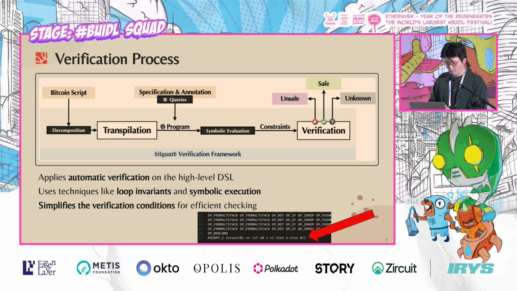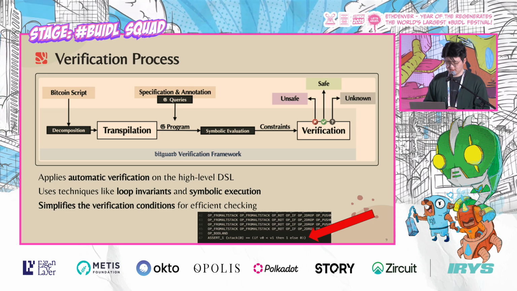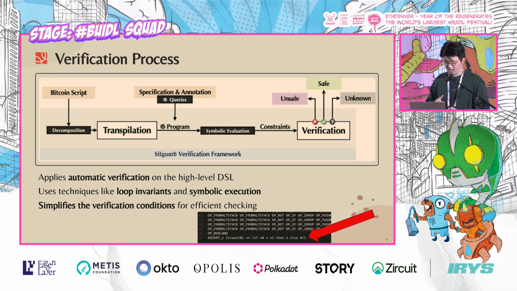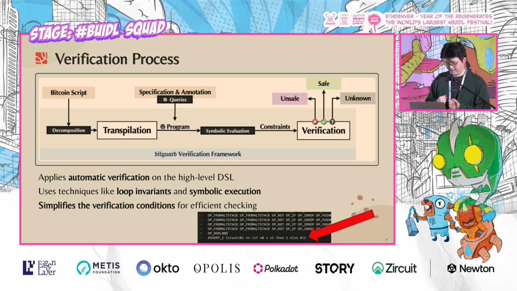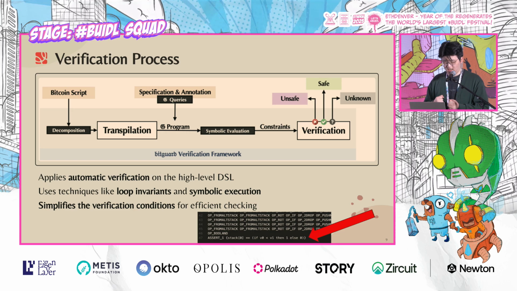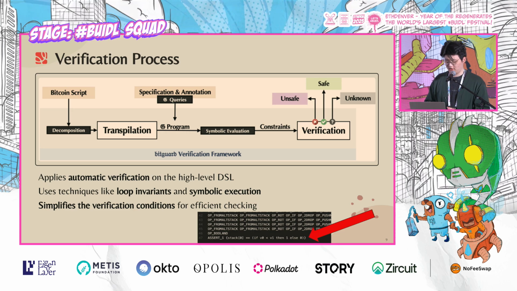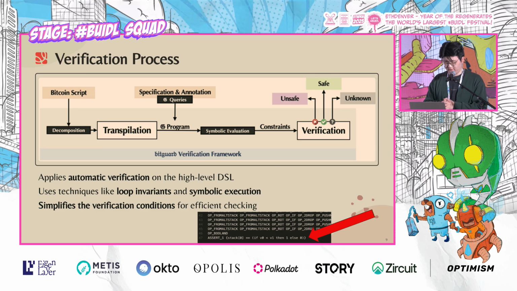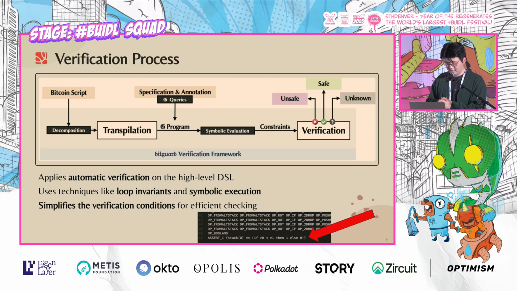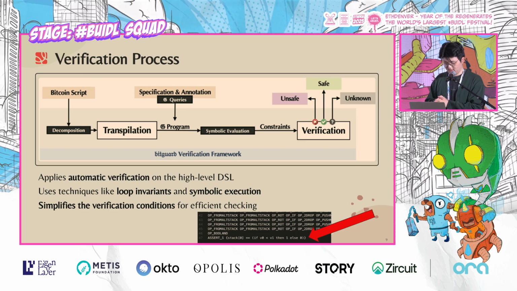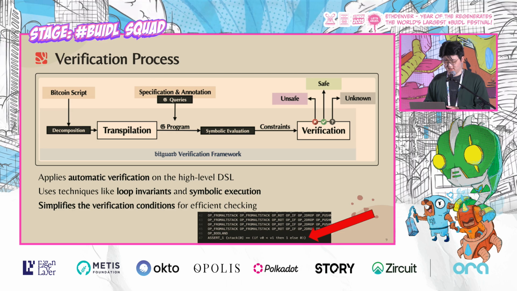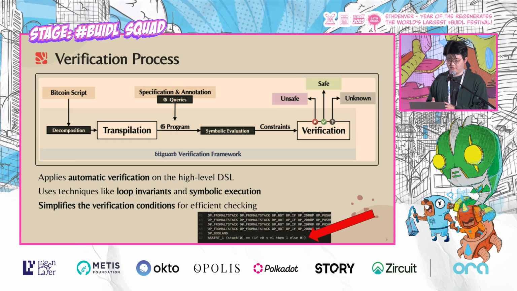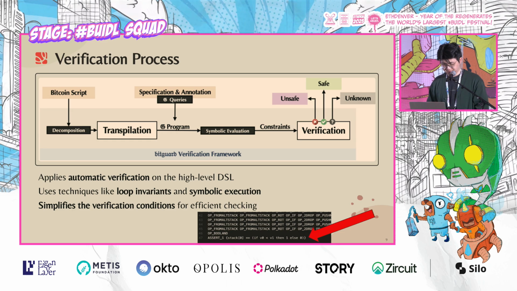Together, with these methods, loop invariants, symbolic execution, and the high-level DSL, we simplify the verification conditions significantly, allowing our tool to automatically confirm that the specific Bitcoin script is correct. Essentially, we are taking a very complex set of instructions and reducing it to clear logical statements that are much easier for the solvers to verify.